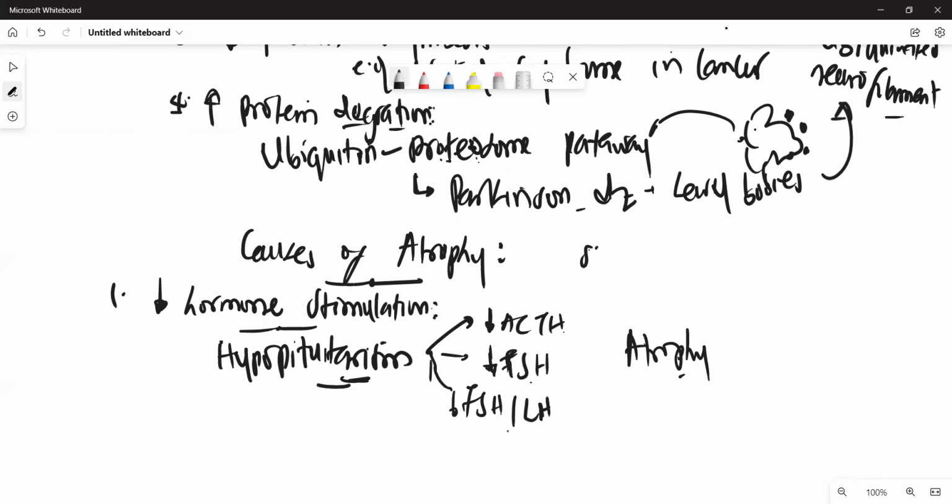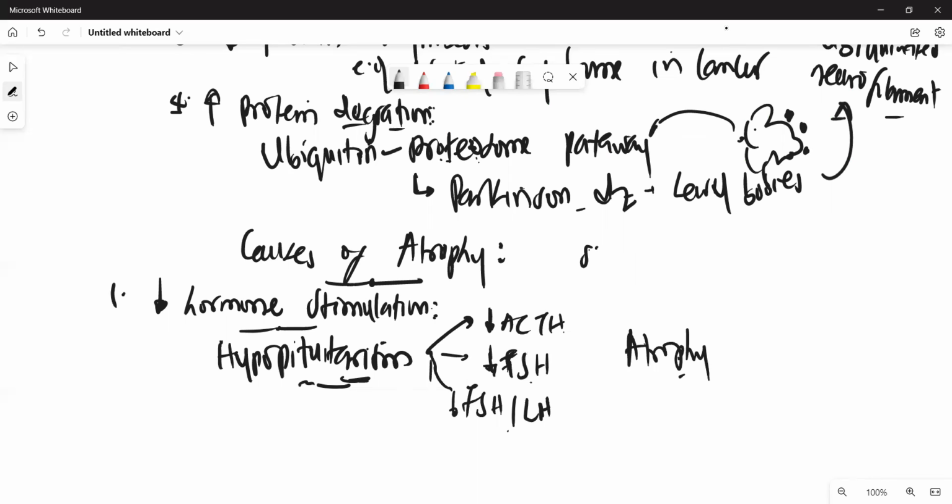Sheehan syndrome is also a form of hypopituitarism. In pregnancy, because of the production of prolactin, the pituitary gets bigger. Even though the pituitary is getting bigger, the blood supply does not change, right?